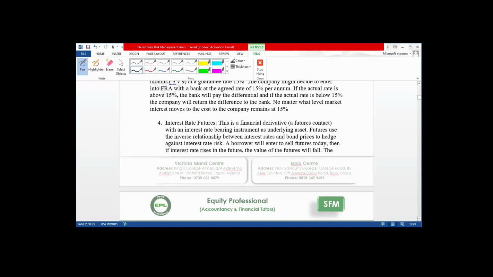When interest rate rises, value of futures will fall. When interest rate falls, value of futures will rise.